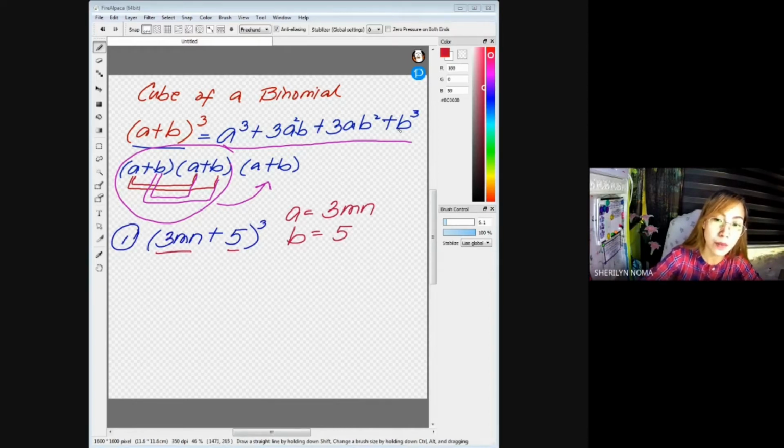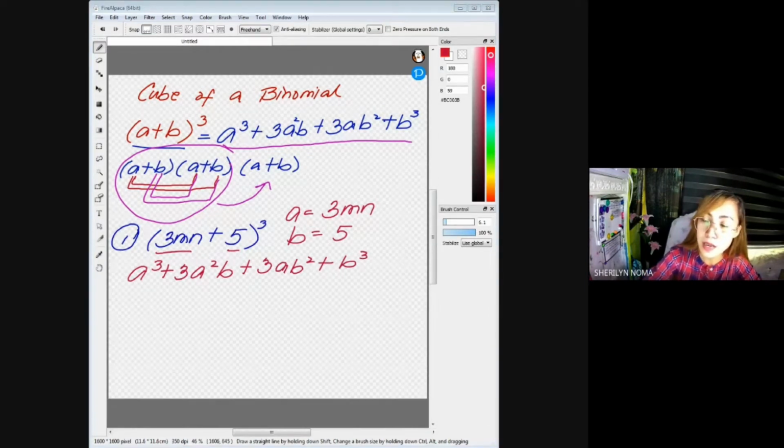So, sabi nga yung formula natin, that is a cube plus 3a squared b plus 3ab squared plus b cubed. Okay, now, let us substitute. Okay, substitute na po natin yung mga values ng a and b.